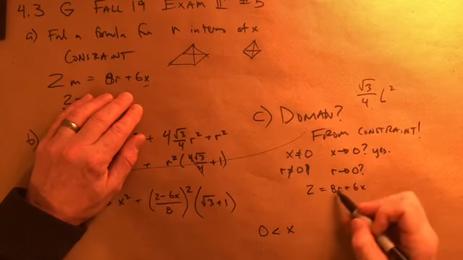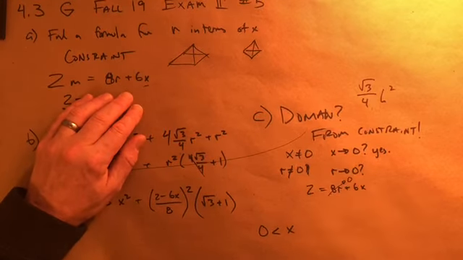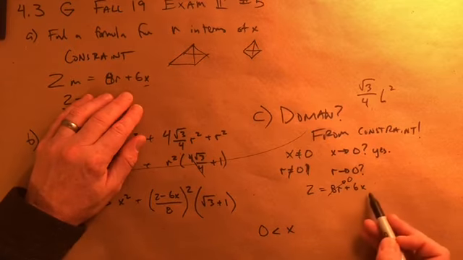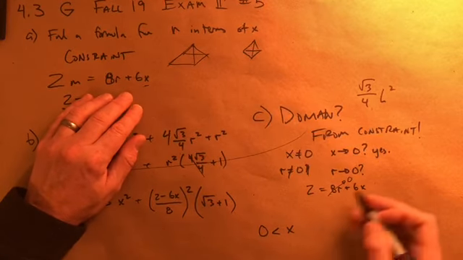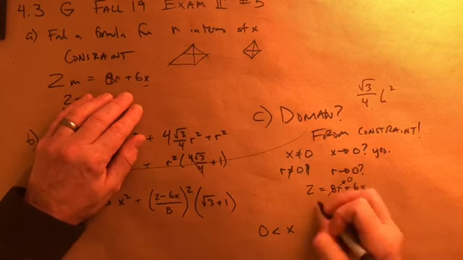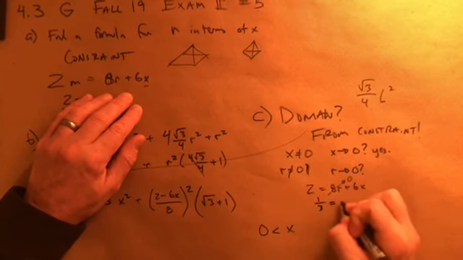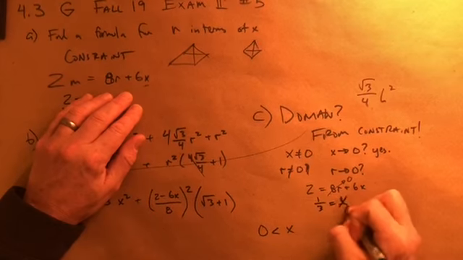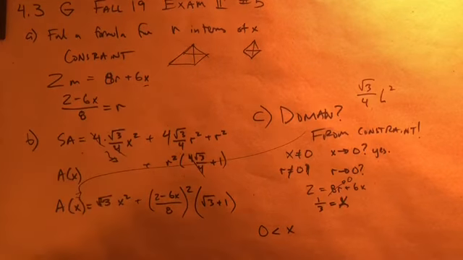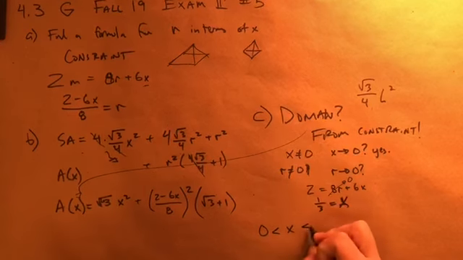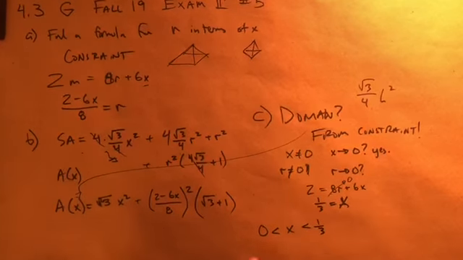As r tends to 0, that whole term is going to tend to 0. So what's x going to tend to? Essentially, solve for x, and x is going to tend to 1/3. Now, x will never equal 1/3. x will get closer and closer to 1/3. And we're done with our domain.